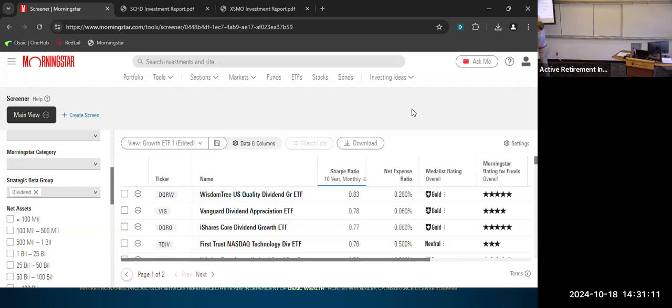You'll notice that it has a little bit higher expense ratio. But we've also got Vanguard's Dividend Appreciation ETF, which only charges 6 basis points and gives us almost the same Sharpe ratio. That shows you there are these super low cost funds up here. Yet another one is iShares at 0.08.